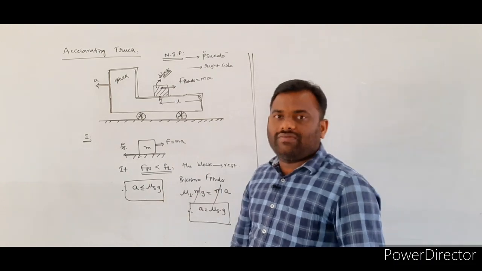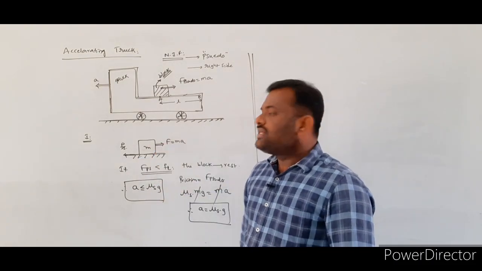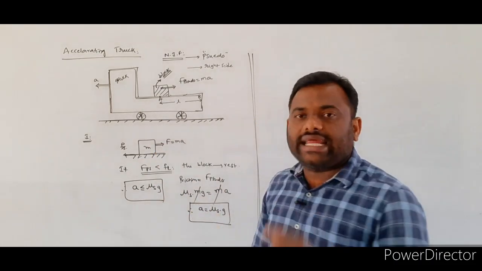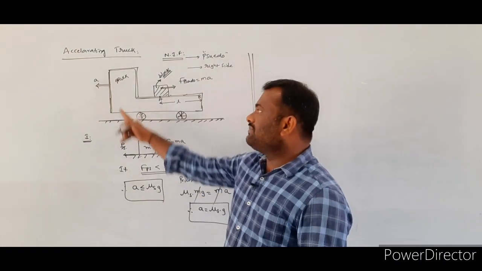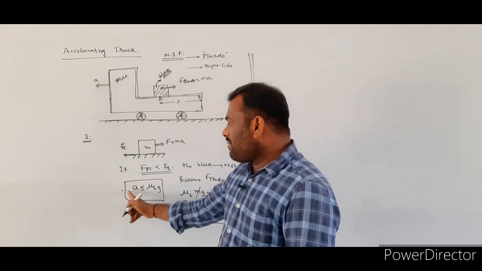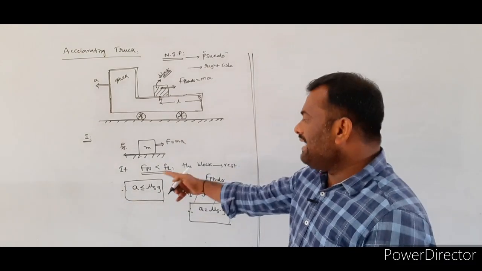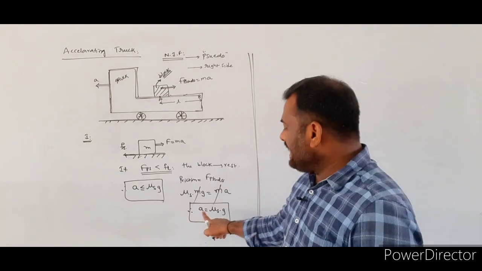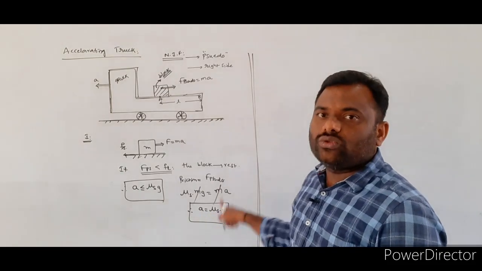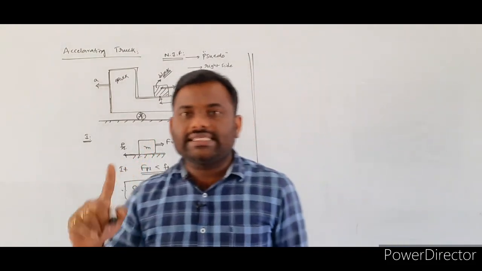That is the condition given in the first case. So to keep the block at rest, the maximum acceleration of the truck is less than or equal to mu s into g, or the maximum value is a equal to mu s into g. So this is case 1.